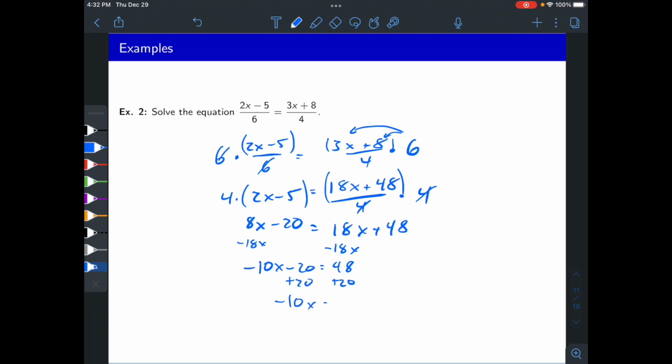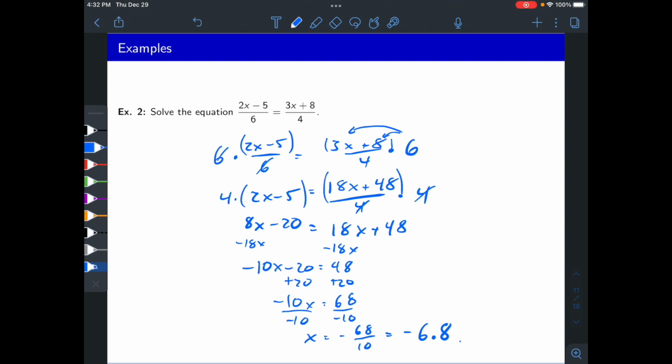So negative 10x is equal to 68. And then I'm going to divide both sides by negative 10. So x is going to be equal to negative 68 over 10, which if you wanted to simplify is equal to negative 6.8. Just dividing by 10 will just move the decimal.